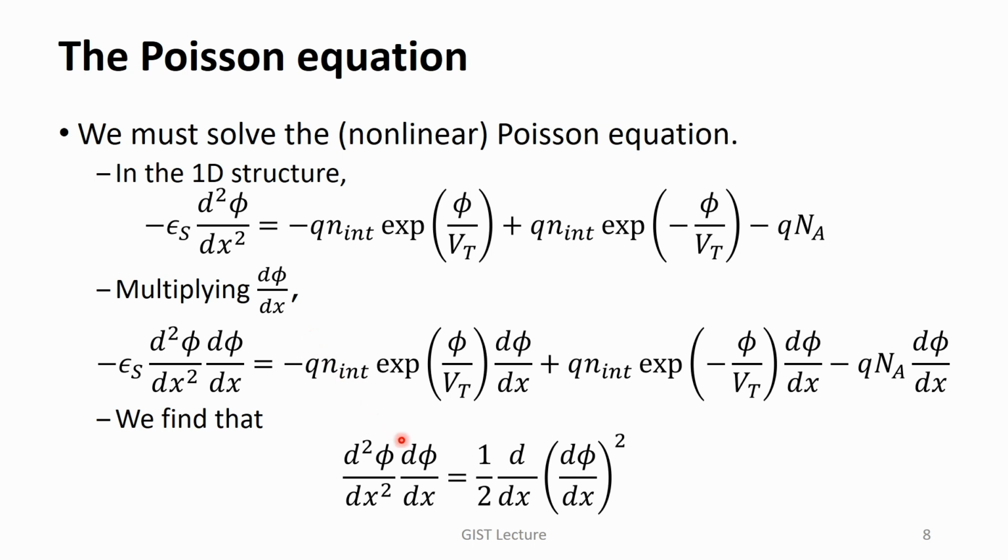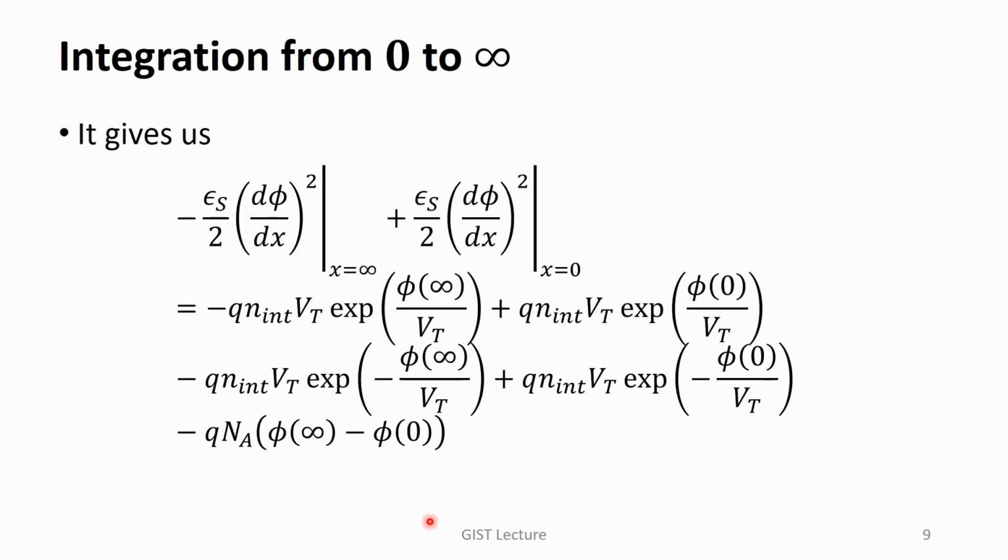After simple manipulation, we integrate the Poisson equation multiplied with the weighting factor over the semiconductor region. In our example, the integration is performed from 0 to infinity. It gives us this result.